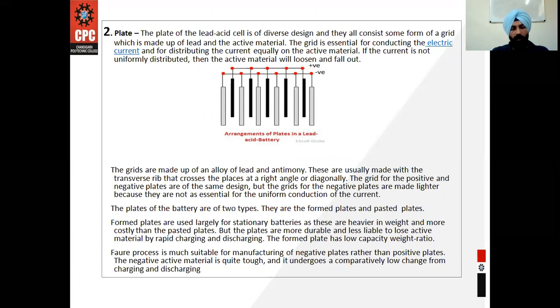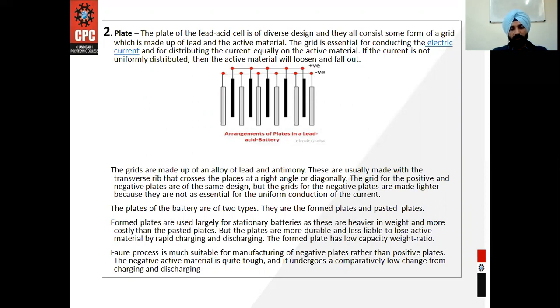The grids are made up of alloys of lead and other materials. They are usually made with transverse ribs that cross the plate at right angles or diagonal to the grid. The positive and negative plates are the same design, but the grids for the negative plates are made lighter because they are not established for the uniform conduction of the current.